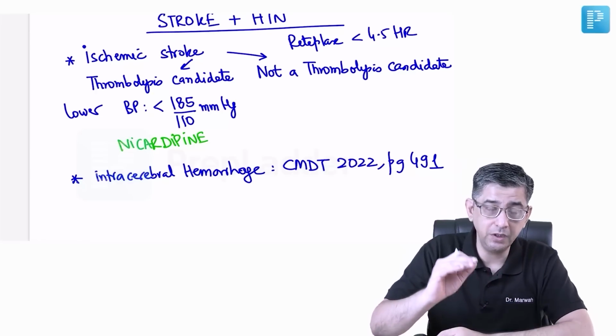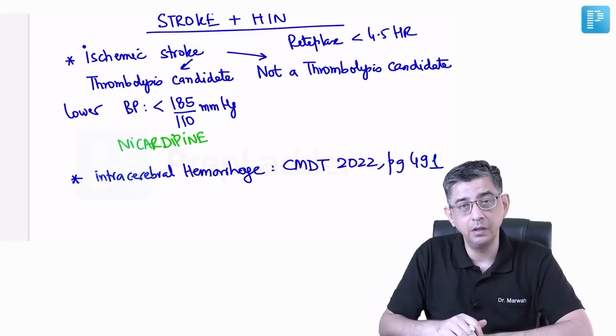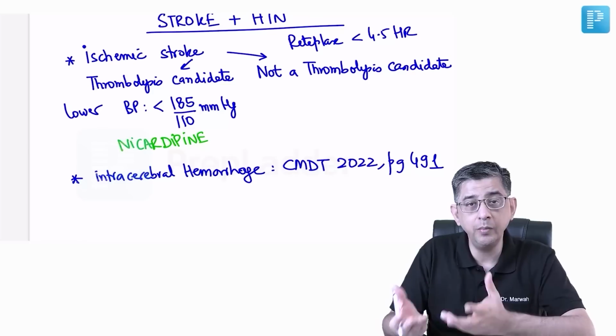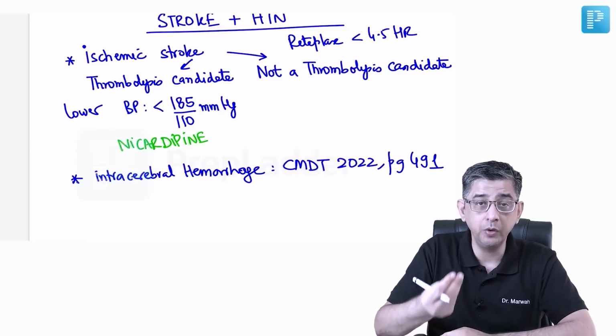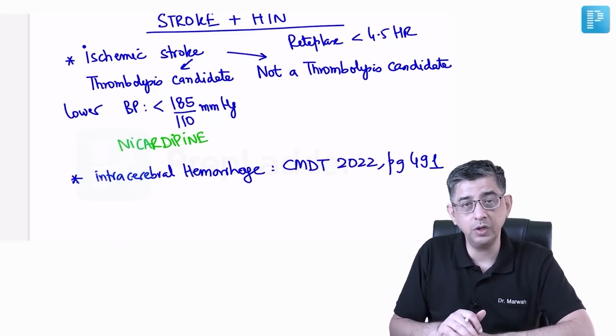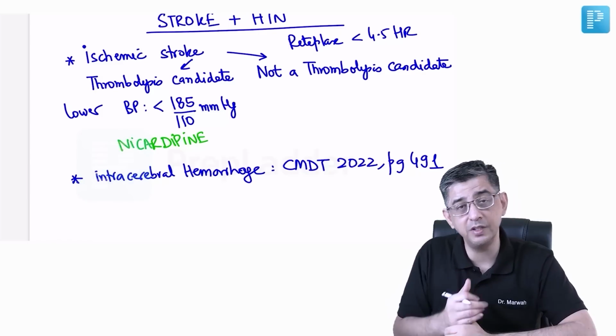Cerebral perfusion pressure is a difference of mean arterial pressure minus intracranial pressure. If you lower the MAP, CPP will also get lowered, and you are rather causing harm to your patient, because if you decrease the blood supply to the brain, it will contribute to brain infarction. The chap came to you with already an ischemic stroke, and if you cause further worsening of blood supply to the brain, the ischemic stroke will definitely worsen also.